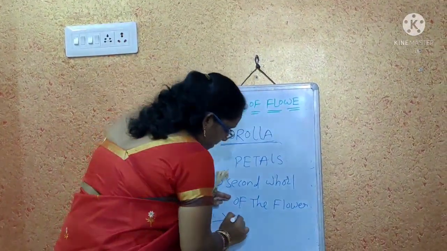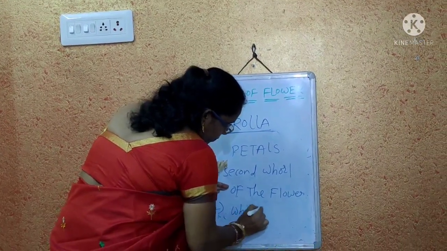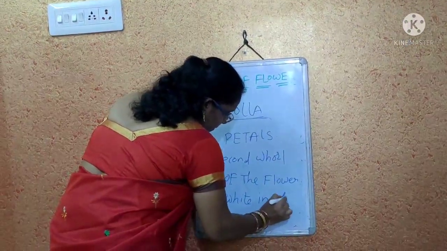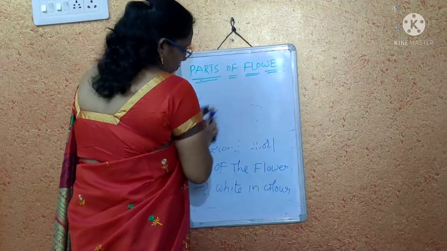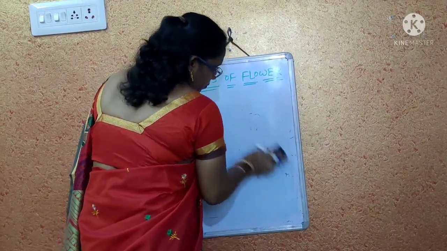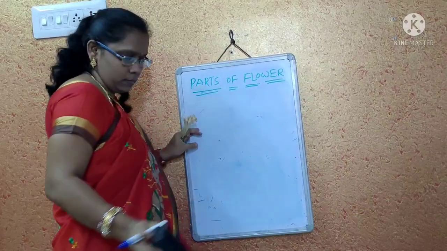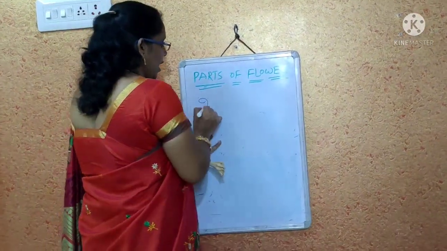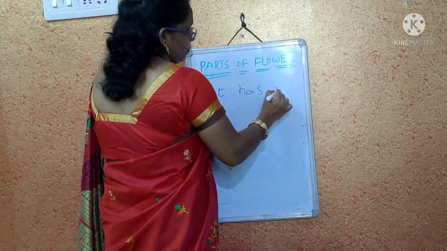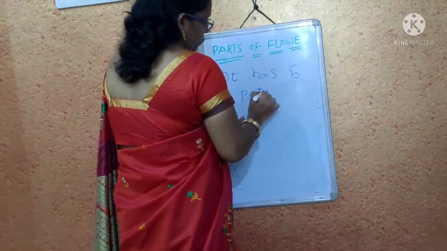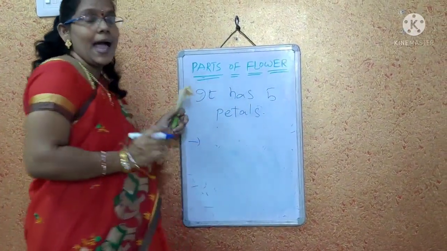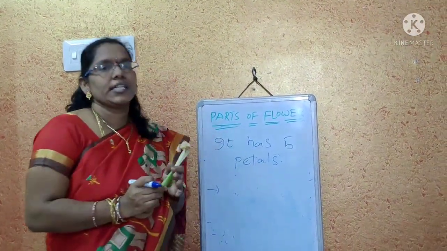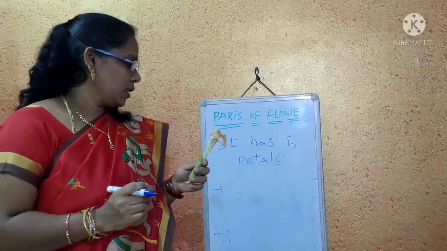White in color. It has 5 petals and attracts insects for cross pollination. Okay, children?